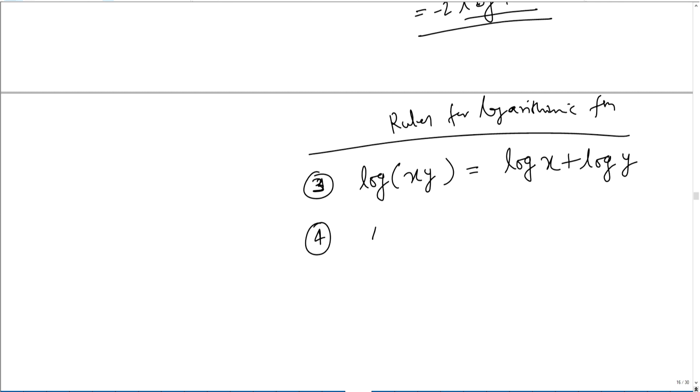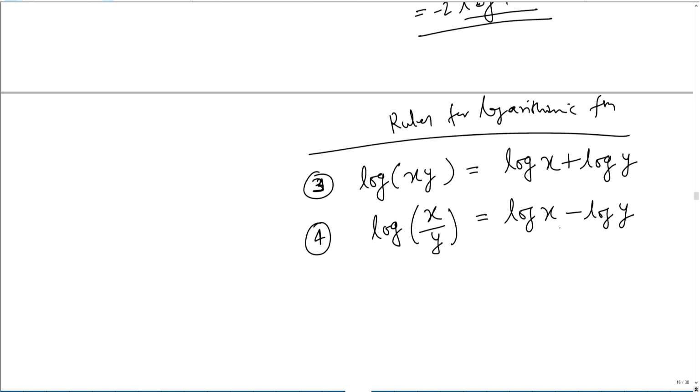Fourth, if you have log of x divided by y, can you tell me what it would be equal to? Can you simplify this? Log of x divided by y should be log of x minus log of y. Why? Because you can think of it as x multiplied with y to the power minus 1.